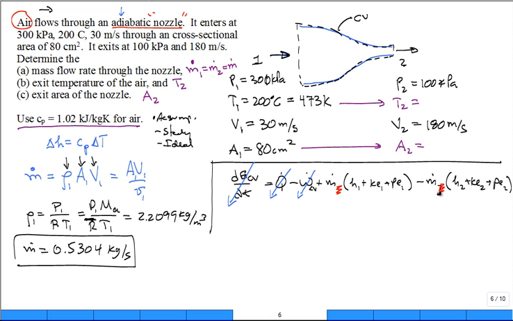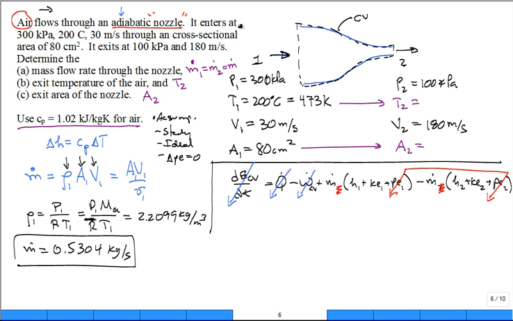What about the potential energy change? You might even put over here, change in potential energy 0 as an assumption. See that there's no information given about elevations. And typically nozzles aren't big and tall, they just change the speed of the flow. So that change in potential energy is 0.